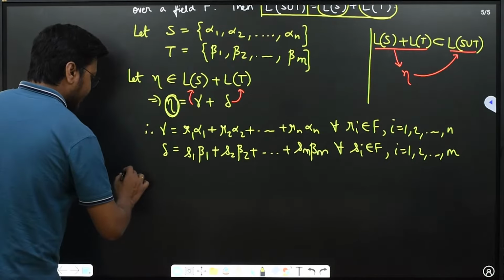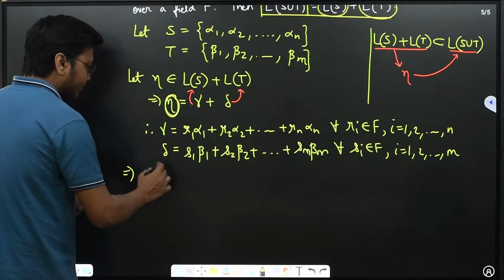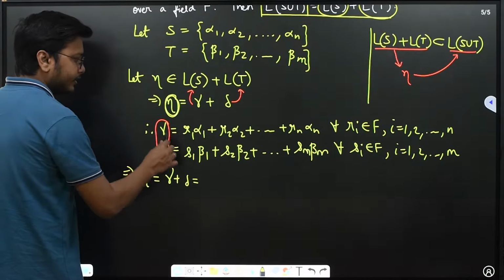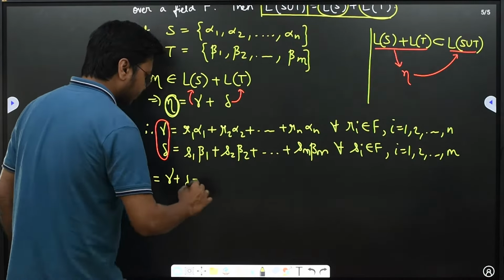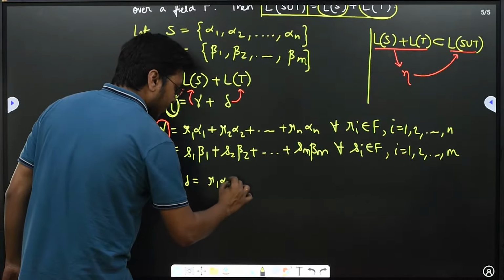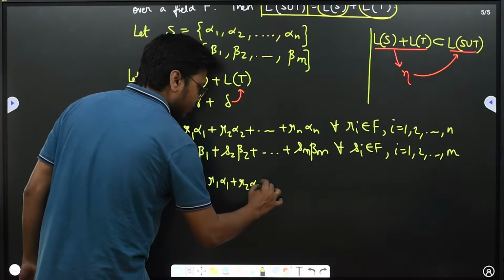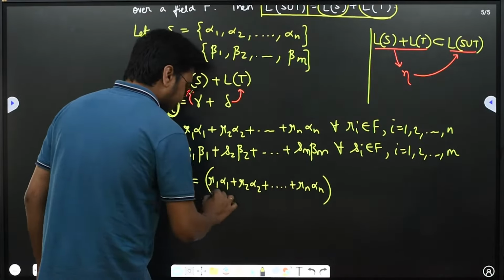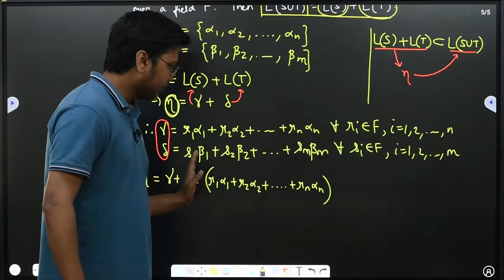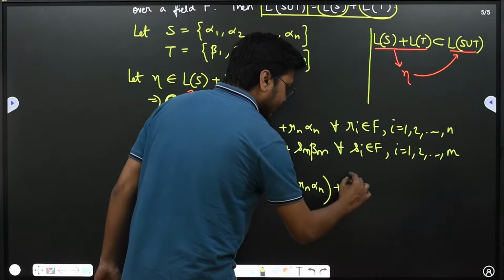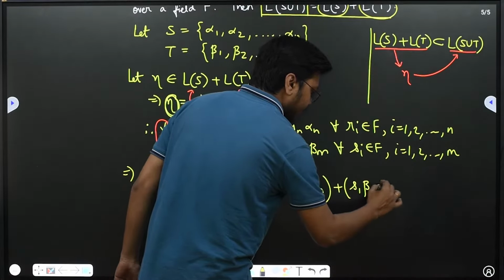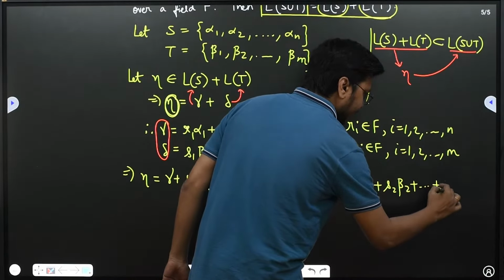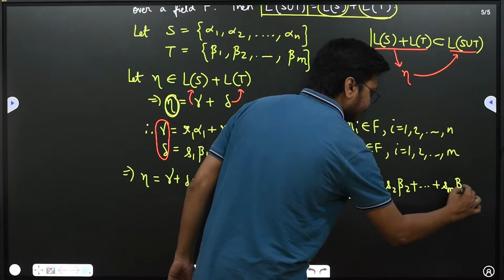So let's quickly check out eta. Eta would be gamma plus delta, the sum of these two things. I will write the sum for you. It's going to be R1 alpha 1 plus R2 alpha 2 plus dot dot dot Rn alpha n. So the first row has been taken. Now come to the second one, plus S1 beta 1 plus S2 beta 2 plus dot dot Sm beta m.